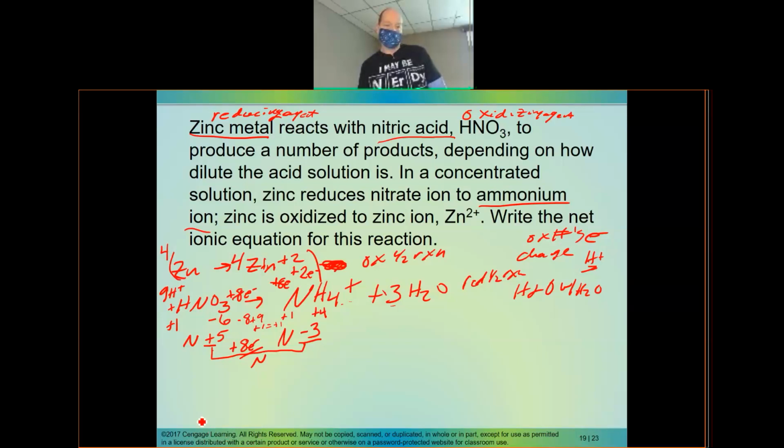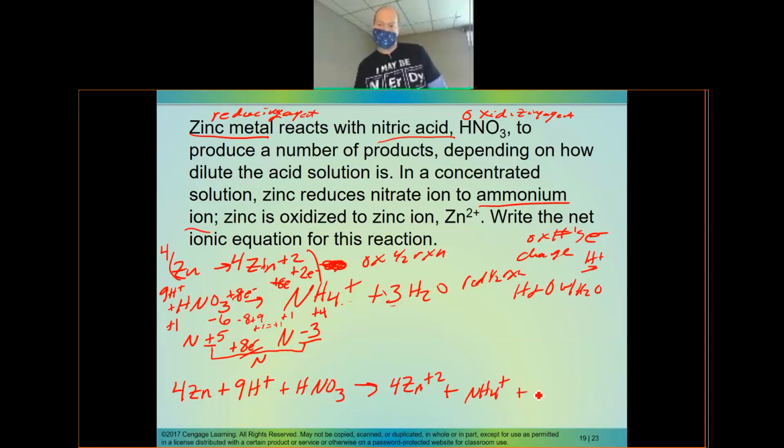And then we bring down our 4 Zn plus 9 H plus plus HNO3 yields 4 Zn plus 2, an NH4 plus, and 3 H2Os.